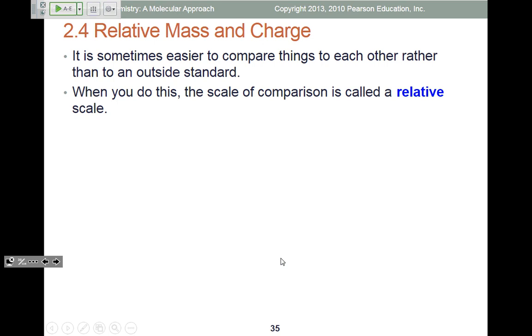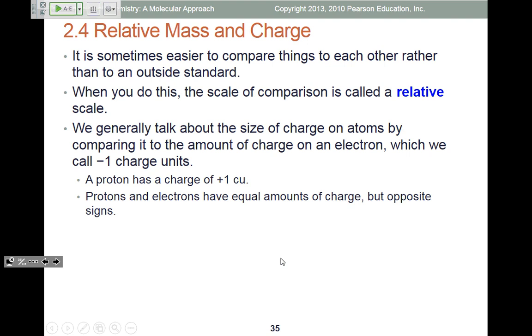But again, that's relative on a scale to make it easier for us to understand and discuss. We generally talk about the size of charge on atoms by comparing to the charge on electrons as -1 charge units. So therefore, a proton has a +1 charge unit, or Cu. But often we won't even associate the units with it.